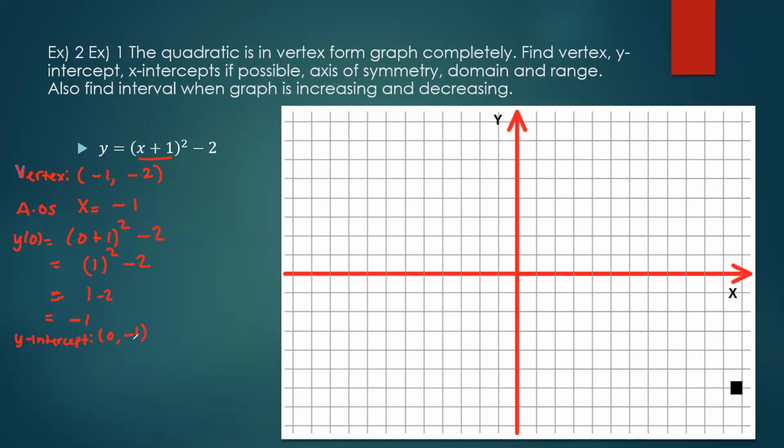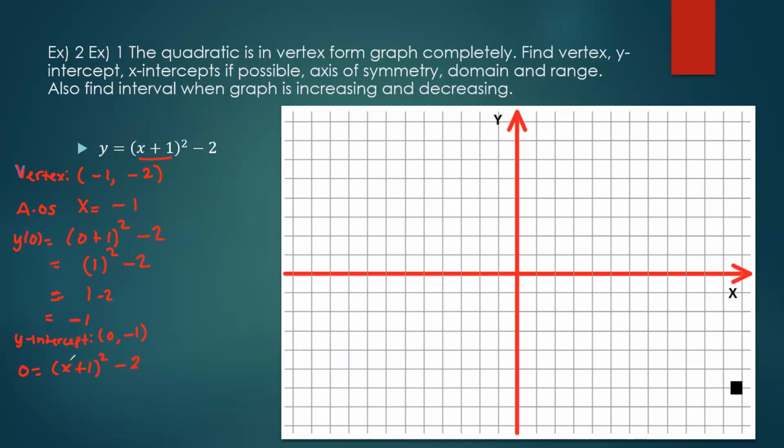Now the next thing we're going to find is the x-intercept. To save time, we're going to use the discriminant rule because we may or may not have real x-intercepts. So set y to 0: x plus 1, squared, minus 2.